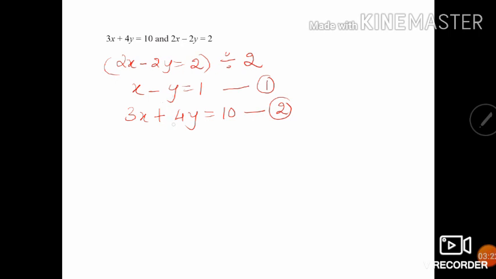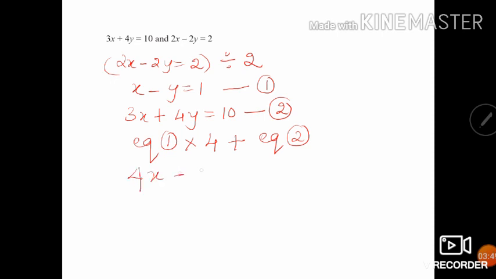And on adding, the y term will get eliminated. So multiply equation 1 by 4 and then add equation 2 to it.